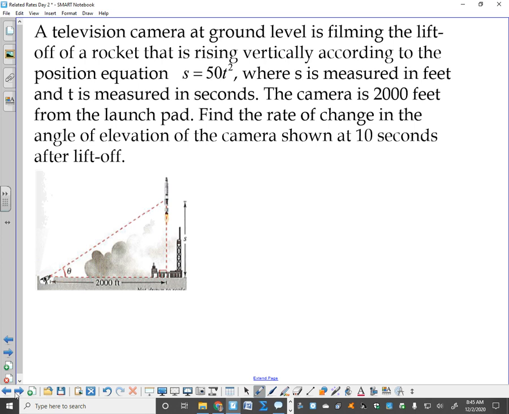Find the rate of change in the angle of elevation of the camera at 10 seconds after liftoff. So I want the rate of change of the angle, dθ/dt when t equals 10 seconds.